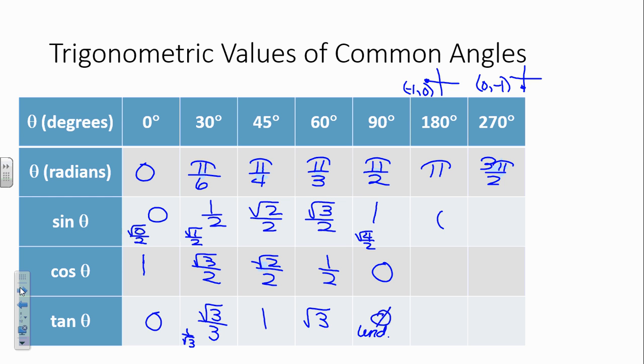So this is going to be 0. Cosine, the x value. Tangent, y over x. And then y value for the 270. X value for 270. Tangent y over x for 270. Undefined, because we can never divide by 0.